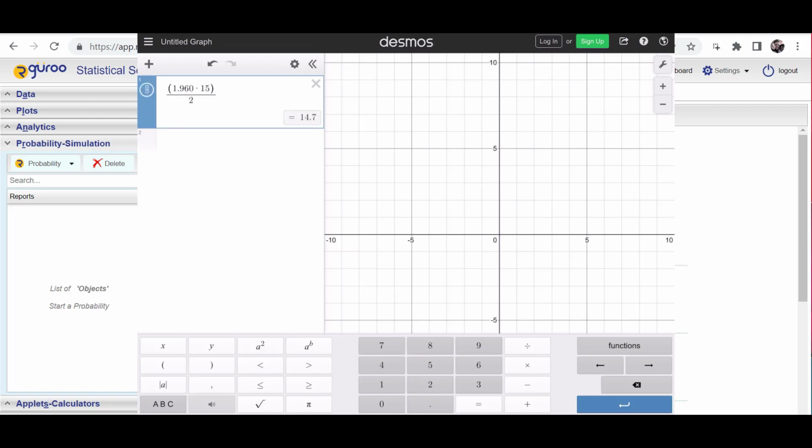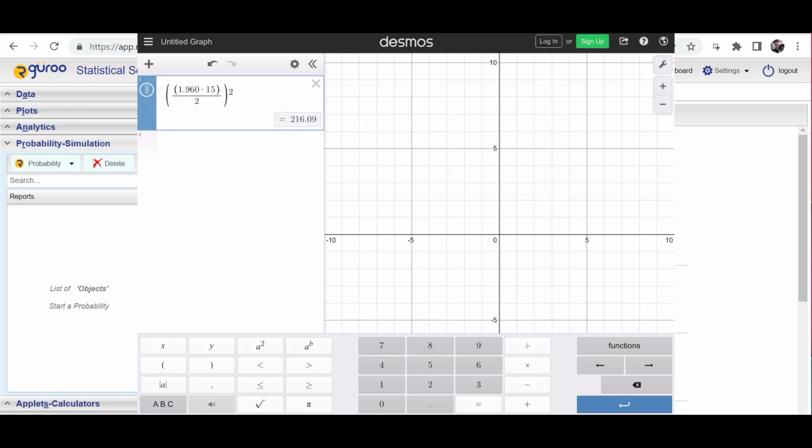And then I'm going to put parentheses around the whole thing like that, so I can square it. So then I'm just going to hit the squared button like that. And that is going to give me 216.09.